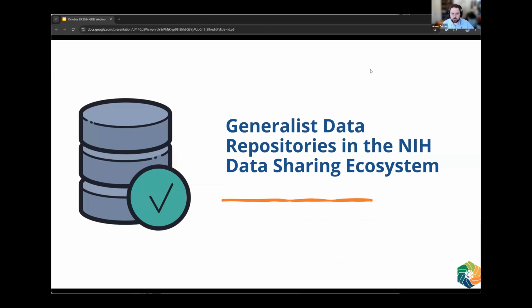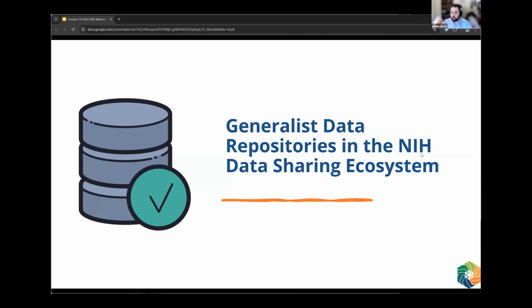As we talk about generalist data repositories in the NIH data sharing ecosystem, we don't see generalist repositories as the be all end all, right? We're part of a larger ecosystem of data repositories, across disciplines and various NIH centers and institutes.